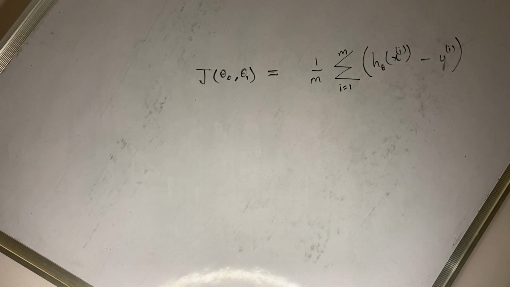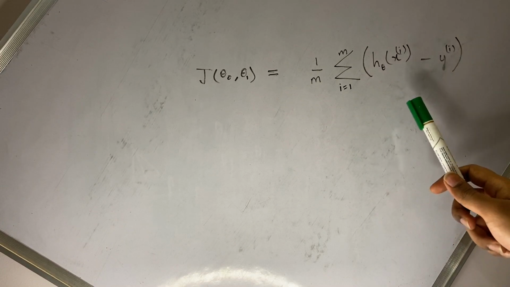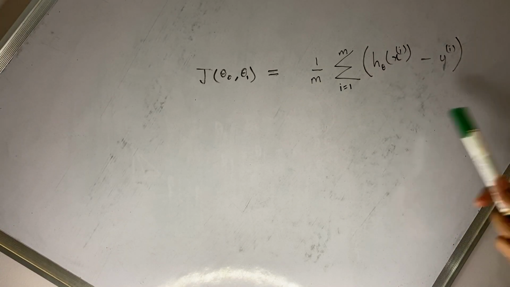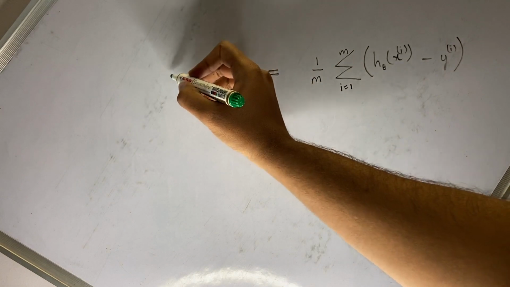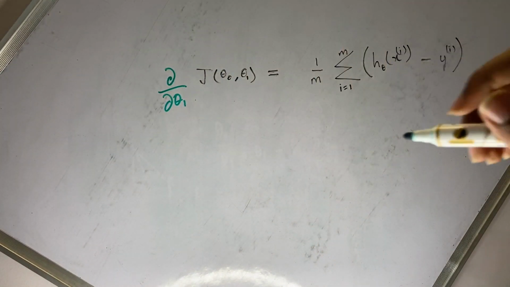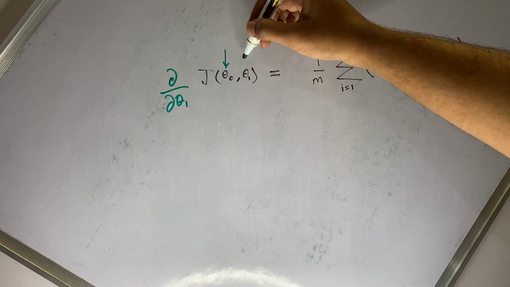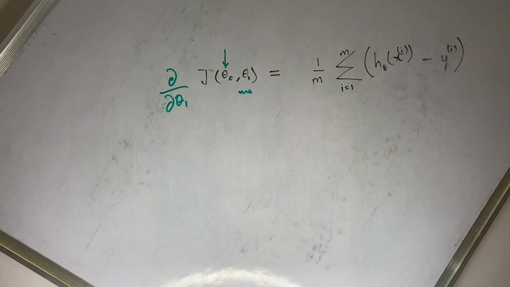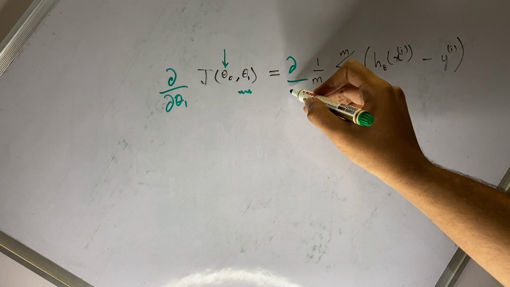Now let's start with the cost function. As we know, we are taking the differences between the predicted and actual values, adding those up, and then taking an average. Now if we want to find the derivative of this cost function with respect to theta 1, in the sense we are treating theta 0 as a constant and this as a variable. Now apply the same thing on the right hand side also.